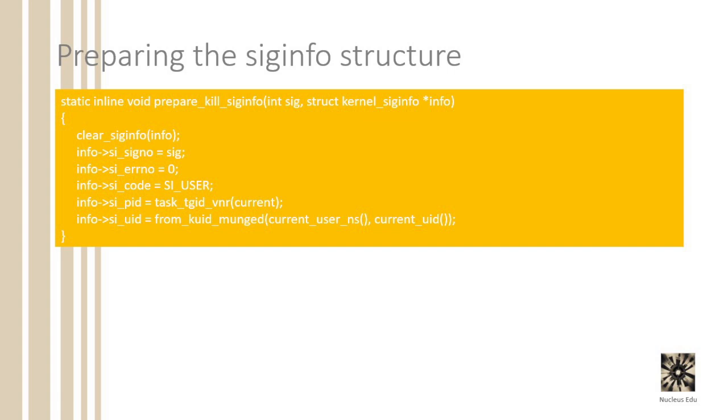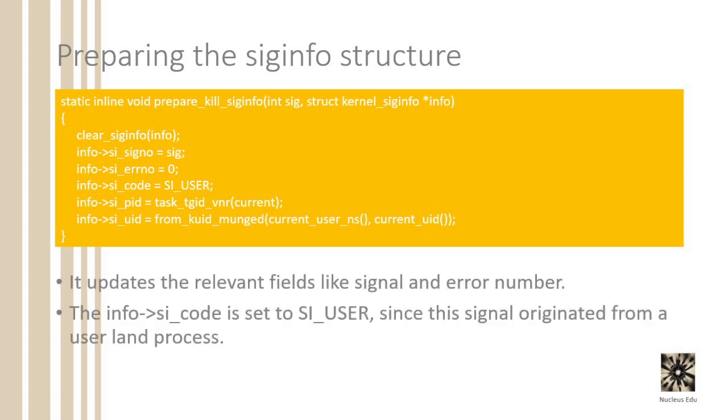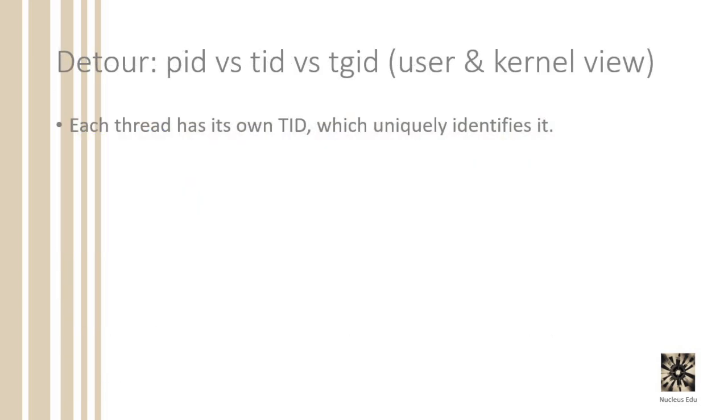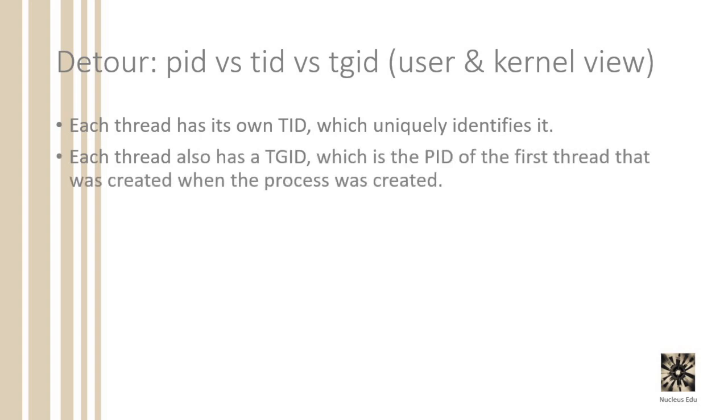To understand why the thread group ID is being used here, let's take a small detour and understand a little bit about process and thread IDs, so that we know what's happening here. In the kernel, each thread has its own ID. It's called a PID, although it would possibly make more sense to call it a TID, or thread ID. They also have something called a TGID, which is the thread group ID, which is the PID of the first thread that was created when the process was created.